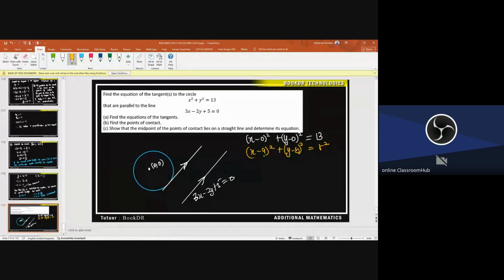So this implies our a is 0, as we've already said. Our b is also 0. Then our r squared will be equal to 13. It implies our r is the square root of 13. Good.